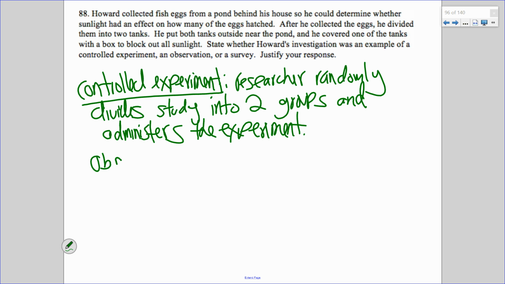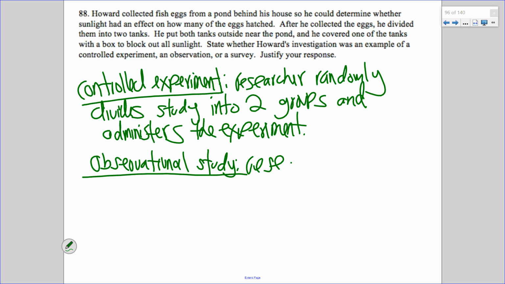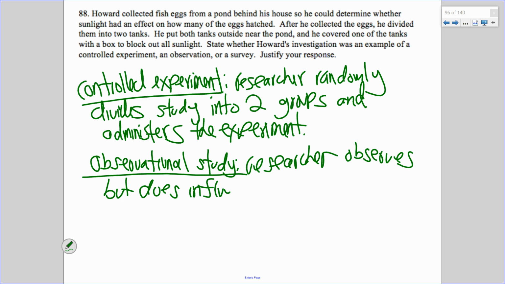An observation, or an observational study, is where the researcher observes but does not influence or intervene in the experiment.